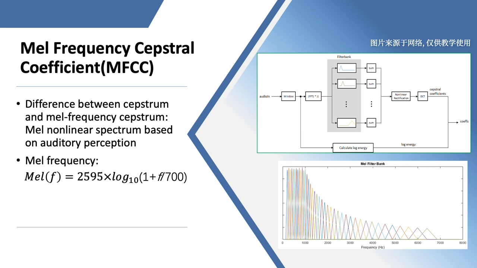Take the discrete cosine transform of the list of mel log powers, as if it was a signal. The MFCC are the amplitudes of the resulting spectrum. Mel frequency cepstral coefficients are the most popular features extracted from speech signals for use in recognition tasks.